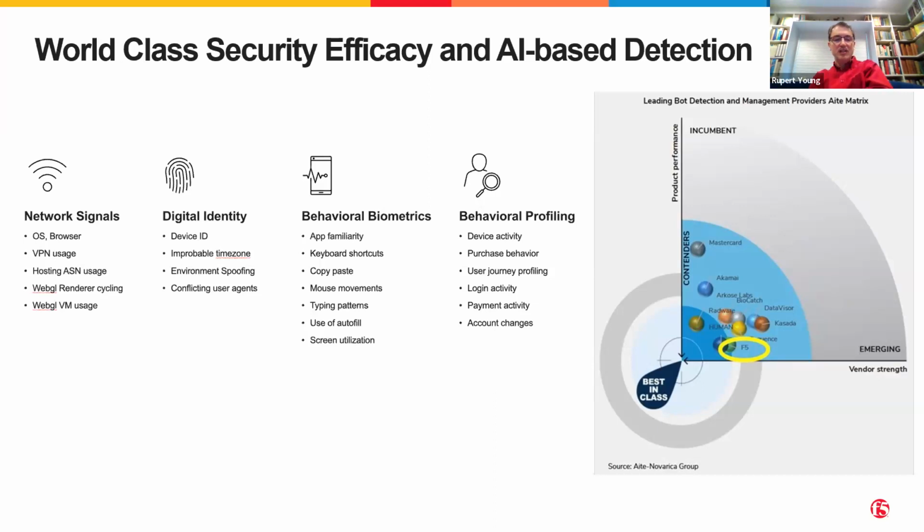The second category is around the digital environment identity. So is the user agent that you're sending us different from the one that we saw before? Has it been seen like 15 times? Are you replaying the user agent string to us? Are there issues in the user agent string, similar to what I mentioned, between the type of OS or browser that you're running and what we calculate from the device itself?